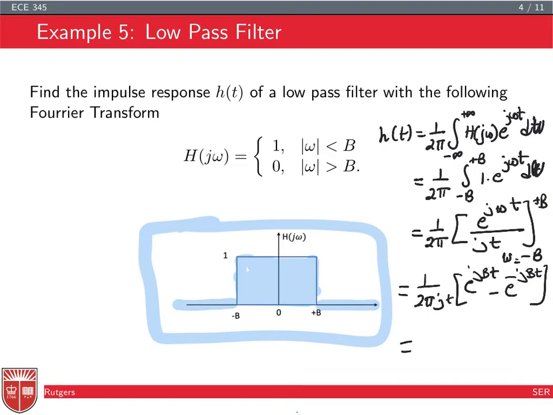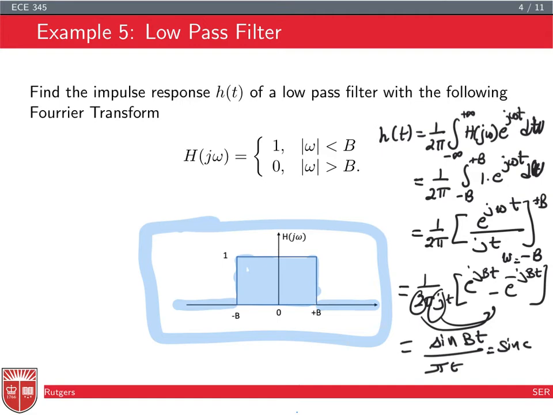You can bring the j and the 2 here, and this is a sine, so this is going to be equal to sine of bt divided by pi t, which is the sinc function. So this tells you what the impulse response of a low-pass filter looks like in the time domain.